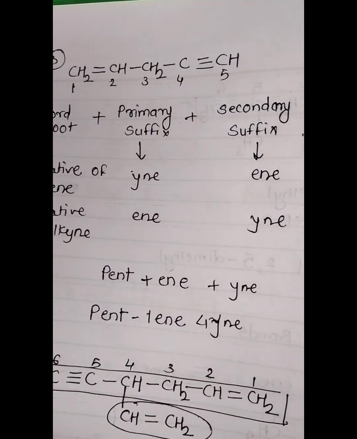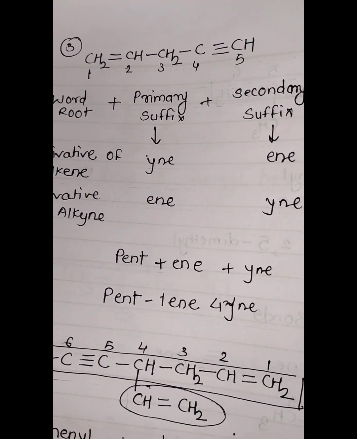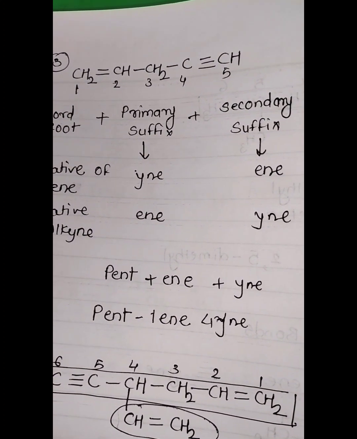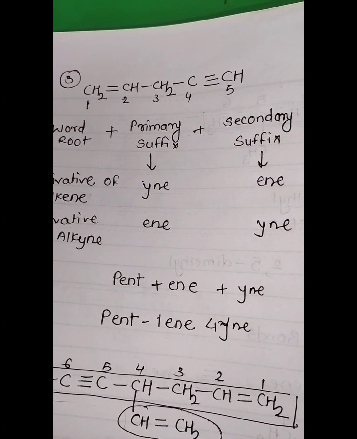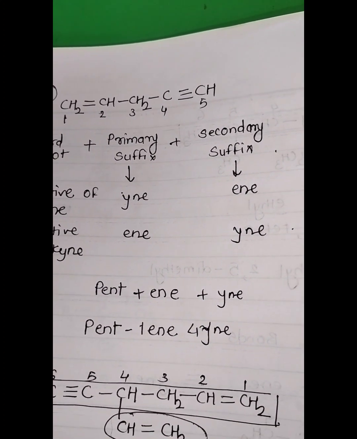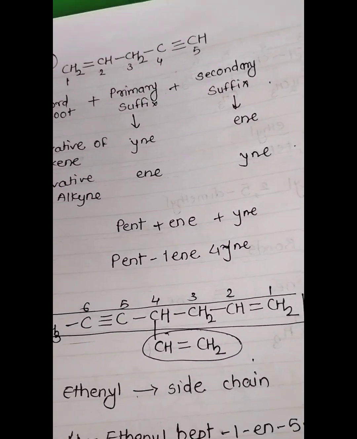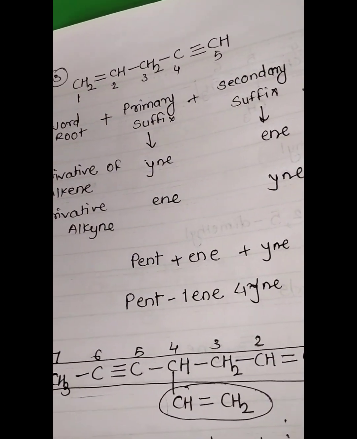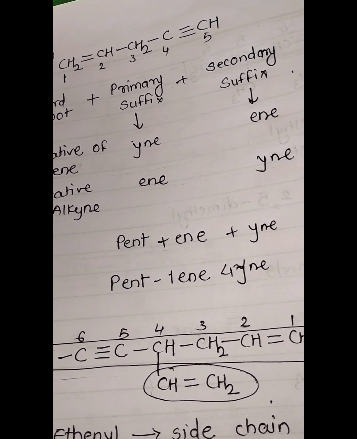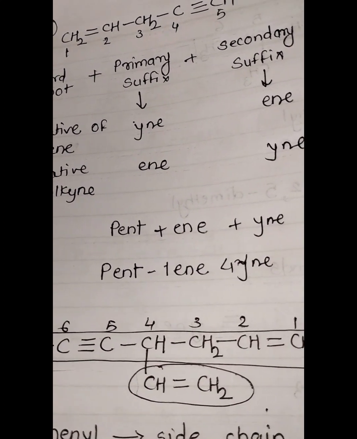Here a carbon-carbon double bond and also a carbon-carbon triple bond are present in this compound. Then we use the pattern word root, then primary suffix, and then secondary suffix. In derivatives of alkene with a carbon-carbon double bond, the primary suffix is -ene and the secondary suffix is -yne. And in alkyne the primary suffix is -yne and the secondary suffix is -ene.